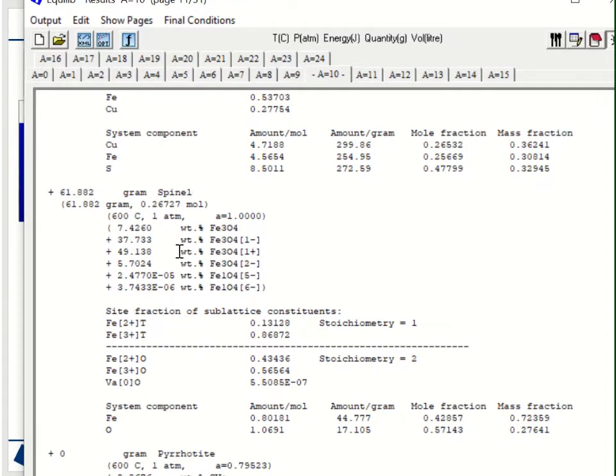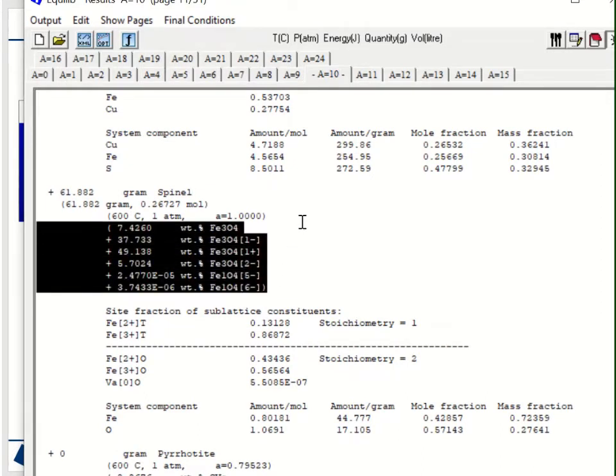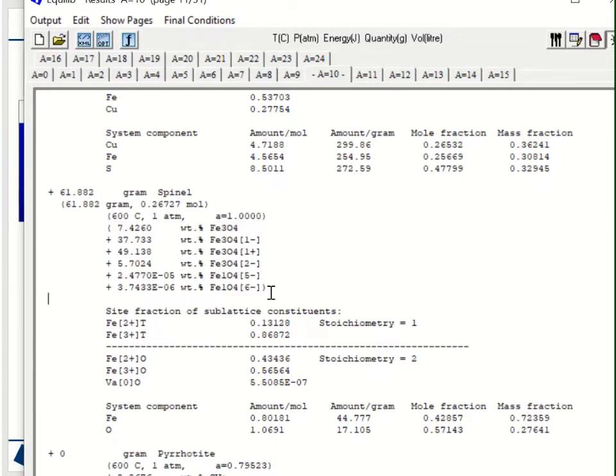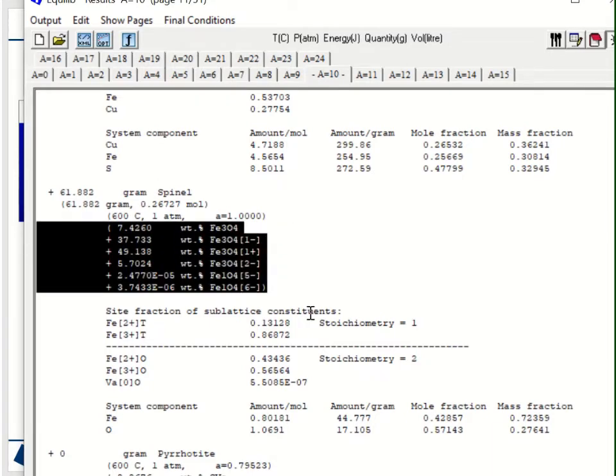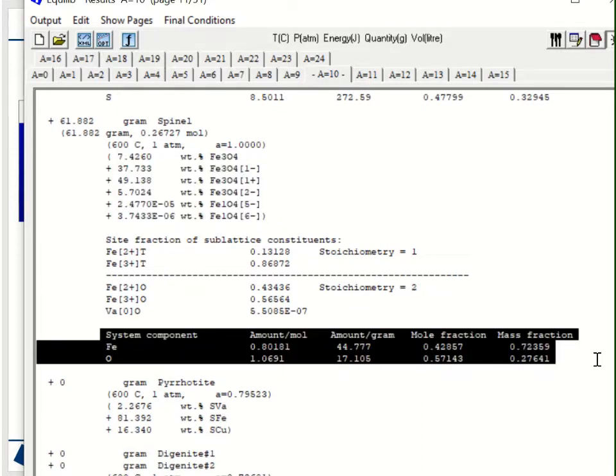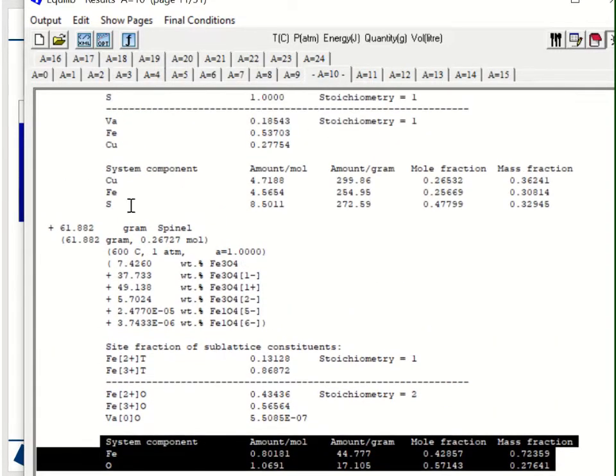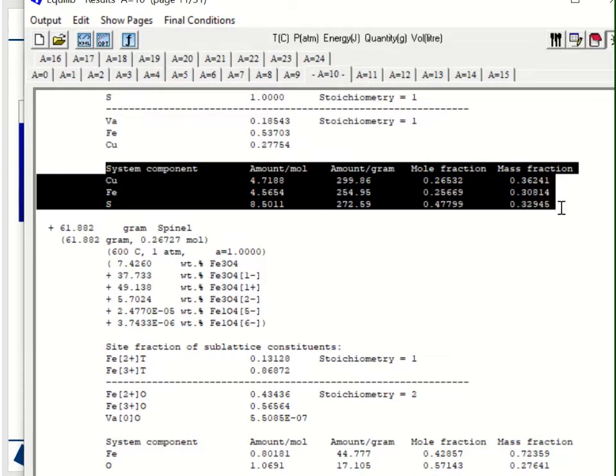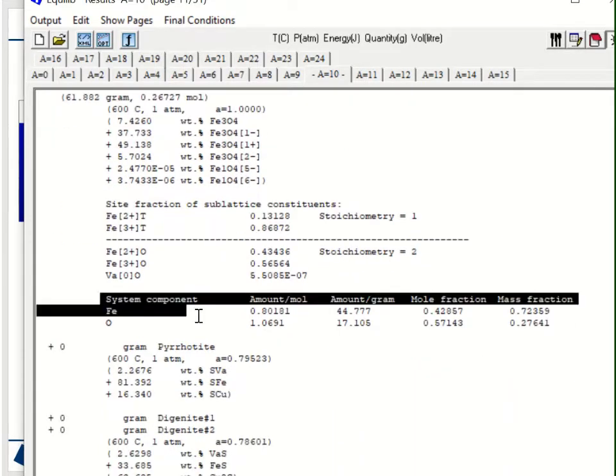And if you look at it, there's a lot of iron plus and minus signs here. These are all modeling species in the thermodynamic model we are using in the spinel solution, so you don't have to worry about this one. The overall composition you have to look at is from here. Whenever you see the solution, there are the system components.